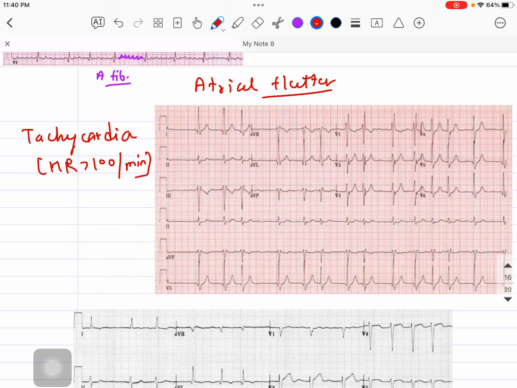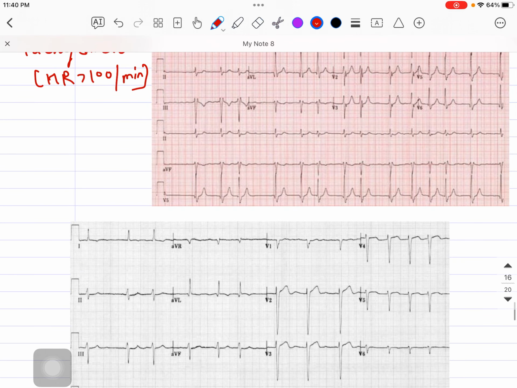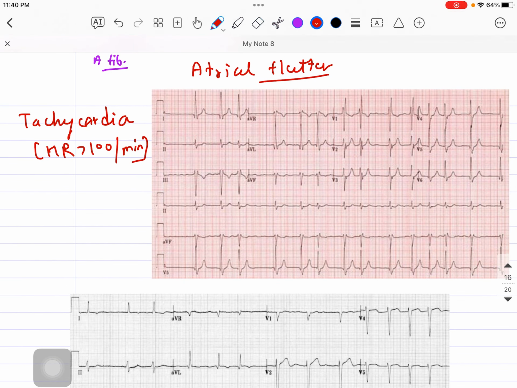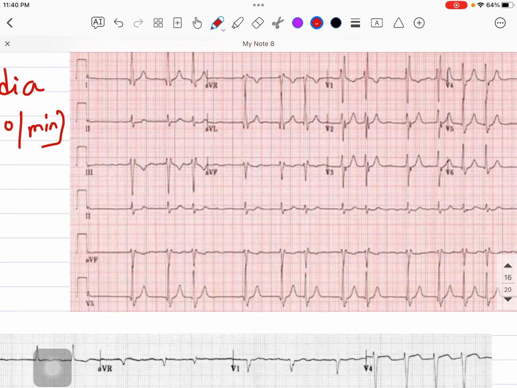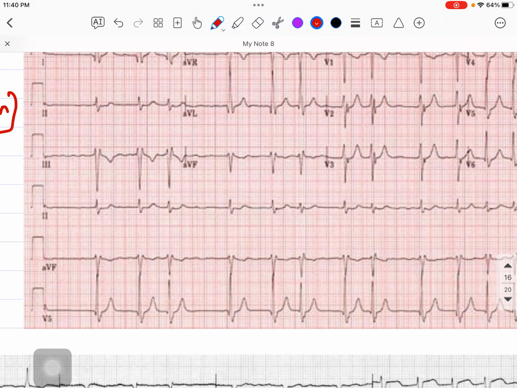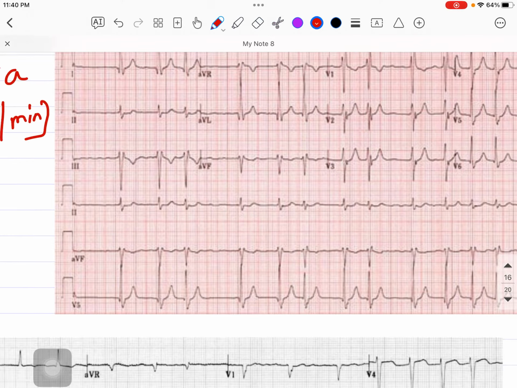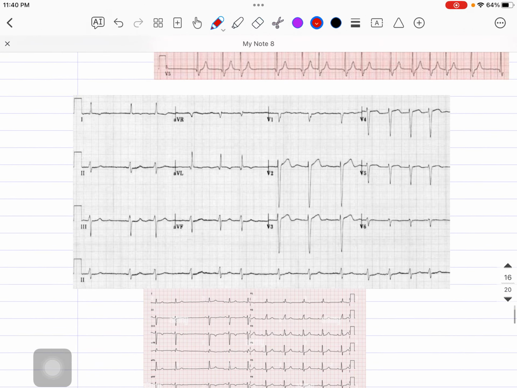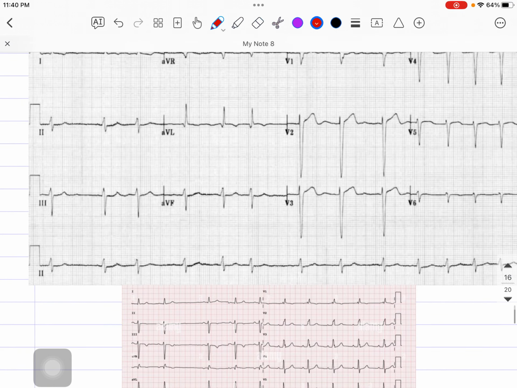Okay guys, so over here if you look at, for example, this ECG, it is having blurriness. I will skip this ECG. Look at this ECG over here.